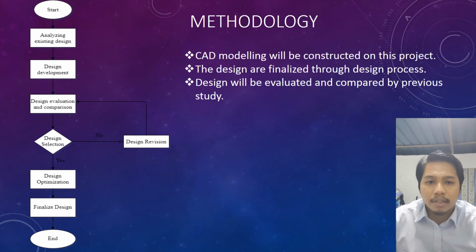If no, we revise the design and redo the design evaluation and comparison. If the design is selected well, the design will be optimized and finalized. In this methodology, computer aided design modeling will be constructed on this project. The design is finalized through a design process method, and the design will be evaluated and compared by a previous study.